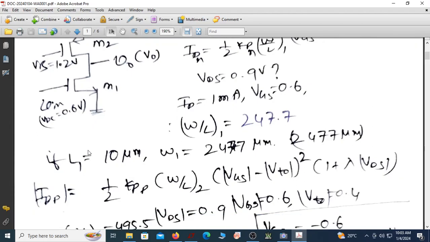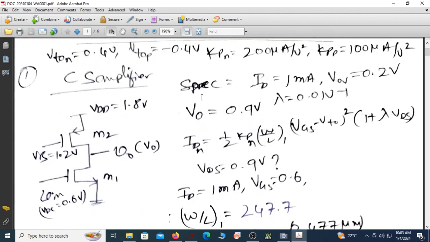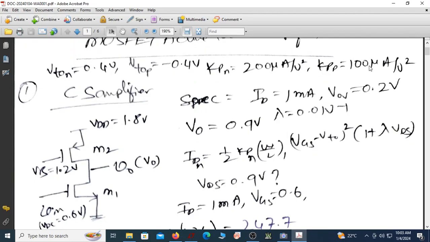This is the expression for your PMOS transistor. Since the current is negative in direction compared to NMOS, we simply take the magnitude of ID of the PMOS transistor, which is half of Kp of the P transistor. We know Kp is mu into Cox, and mu n is larger than mu p, so we assume Kp of the PMOS transistor is half of Kp of the NMOS transistor.